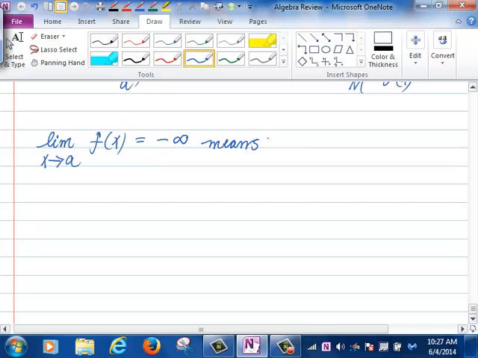As x gets closer and closer to a, from either side of a, the value of f goes to negative infinity. Yeah. So as x gets closer and closer to a from either side of a, the value of f is getting big and negative, right? So it's getting big in the negative direction. And so it means, let me just say similar.